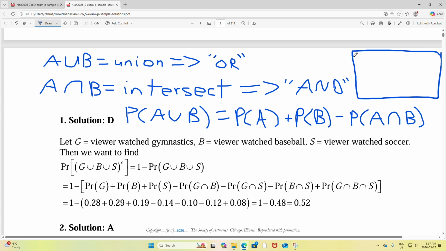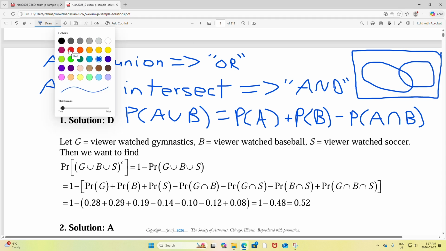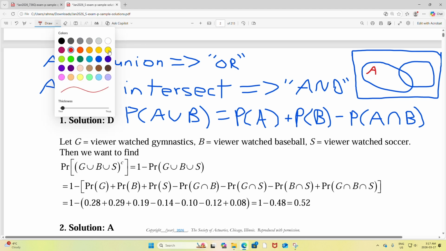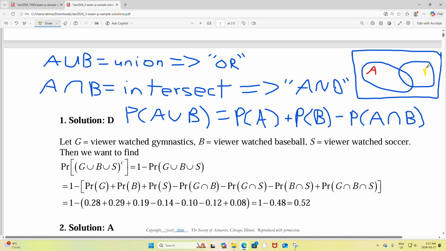again, you can go back to Venn diagrams. If we have A, B. Okay, so A union B means or. So this or this section here.